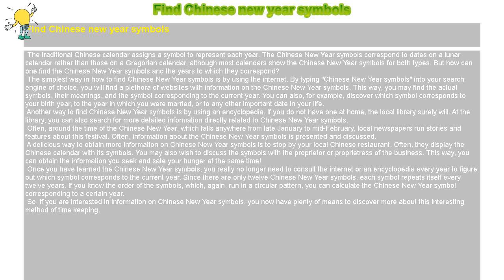Since there are only 12 Chinese New Year symbols, each symbol repeats itself every 12 years. If you know the order of the symbols, which, again, run in a circular pattern, you can calculate the Chinese New Year symbol corresponding to a certain year.